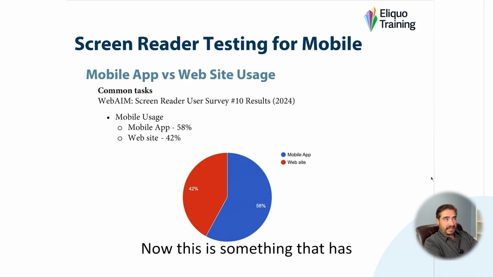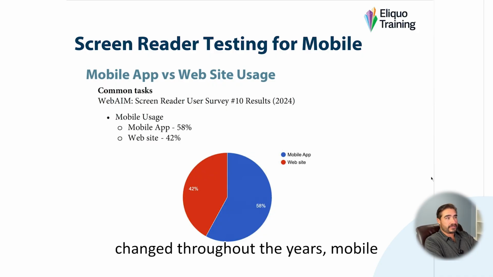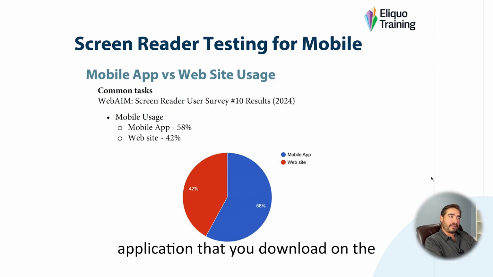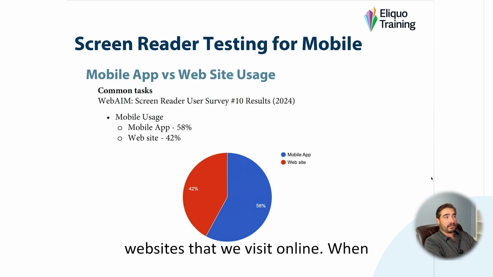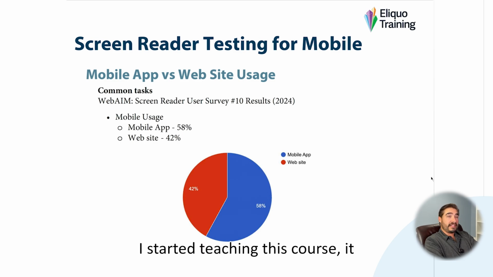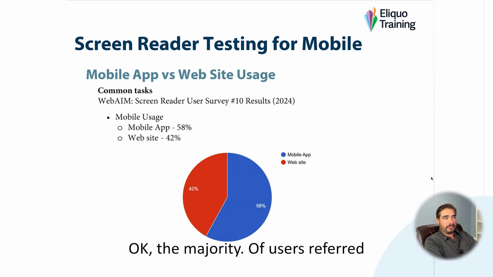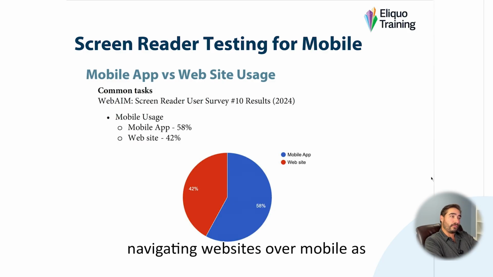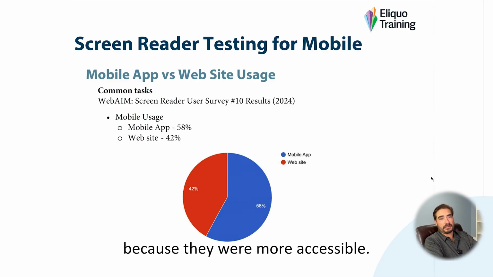Now, this is something that has changed throughout the years. Mobile application that you would download on the App Store or Google Play versus websites that we visit online. When I started teaching this course, it was actually closer to the opposite. Okay, the majority of users preferred navigating websites over mobile apps because they were more accessible.